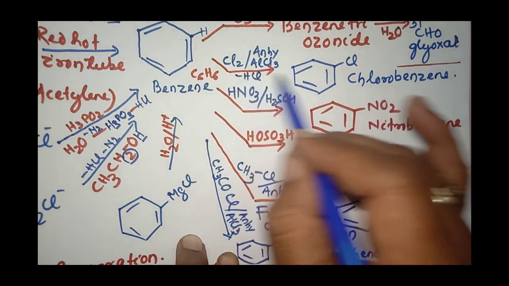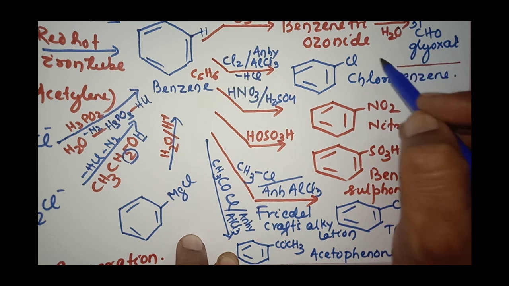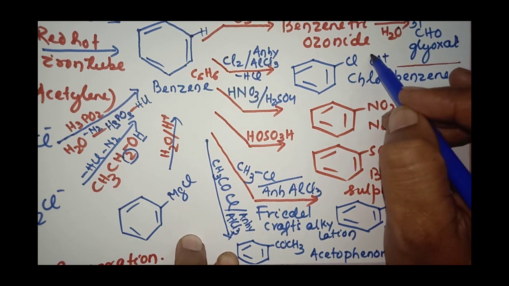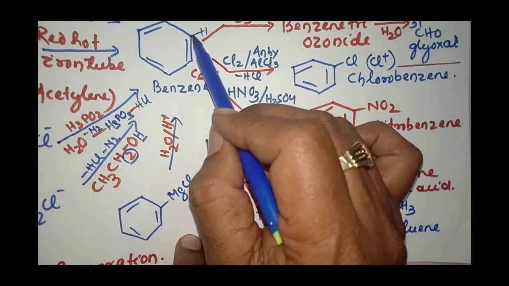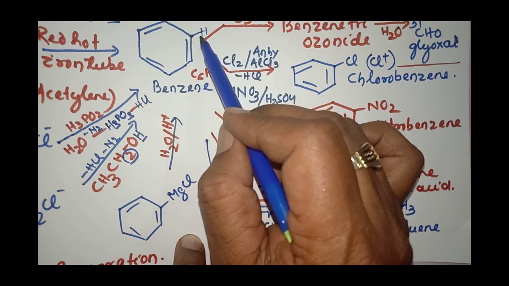Here mechanism is not done, but the electrophile for this reaction is Cl plus, chloronium ion. You see again, each corner has a carbon atom and hydrogen atom. I have shown only one hydrogen atom.